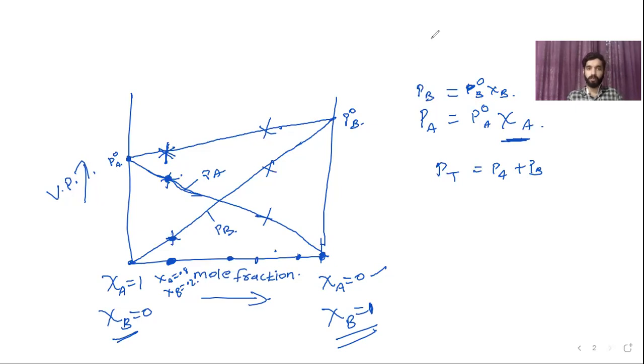That's it. So we are done with what Raoult's law is, the equations related to it, the graph of Raoult's law and everything. Now we'll do one or two questions related to that.